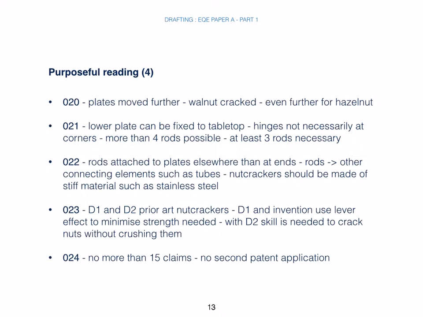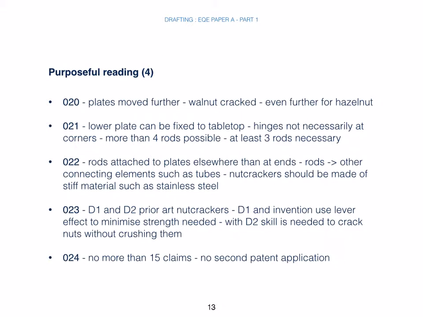This effect minimizes the strength a person needs to crack a nut. The nutcracker of D2 can crack nuts of different sizes. However, with the nutcracker of D2, skill is needed to crack nuts without completely crushing them.